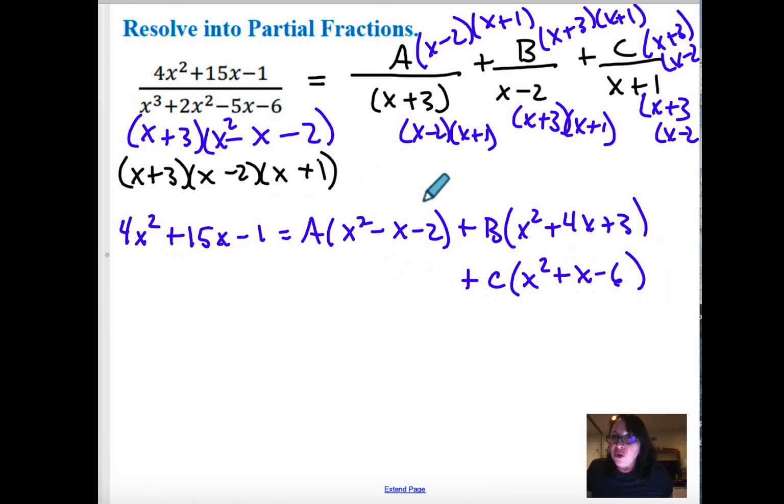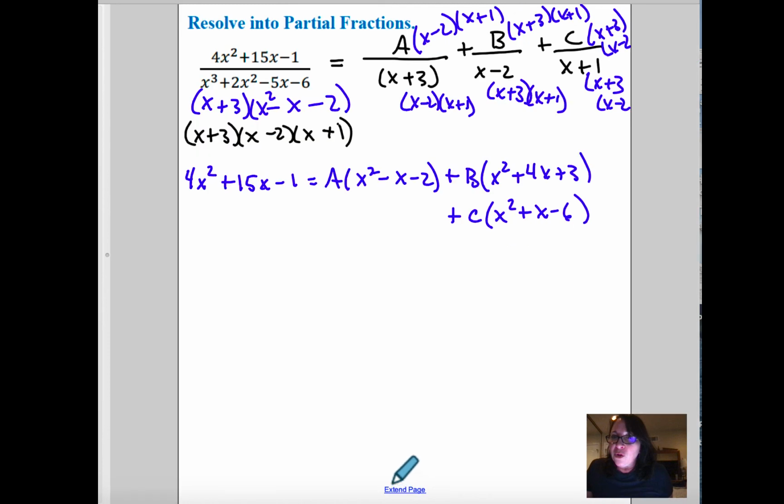And then what you're going to do now is distribute those a's out and set everything equal to each other. I'm just going to jump right to the bottom because you can see the answers on the practice page. What you end up getting when you set your x squared terms together, your ax squared, your bx squared, and your cx squared, is this. You're going to see a plus b plus c equals 4.